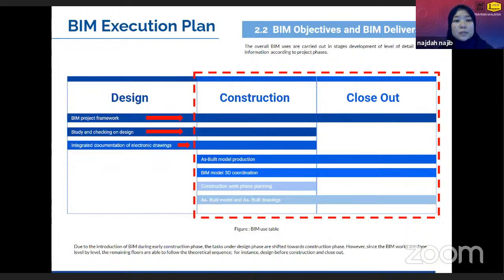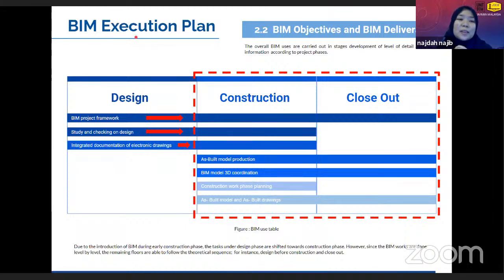It can be a reference if another project is going to use this kind of process, where they appoint a consultant to do BIM during construction.